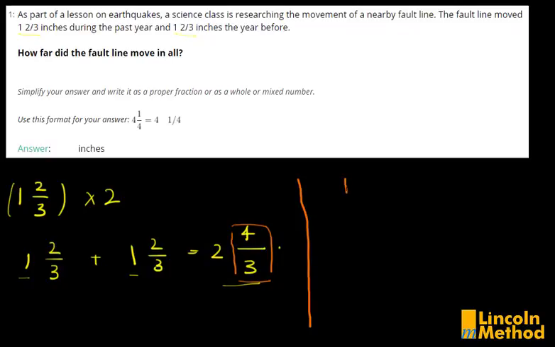If I divide both of these numbers, we know that 3 ones are 3, and if I subtract both of these, I'm left with 1. So this number right here is my denominator.